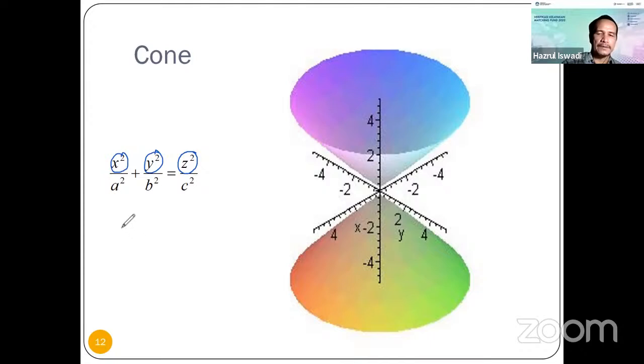The other equations for cone can be written like this.